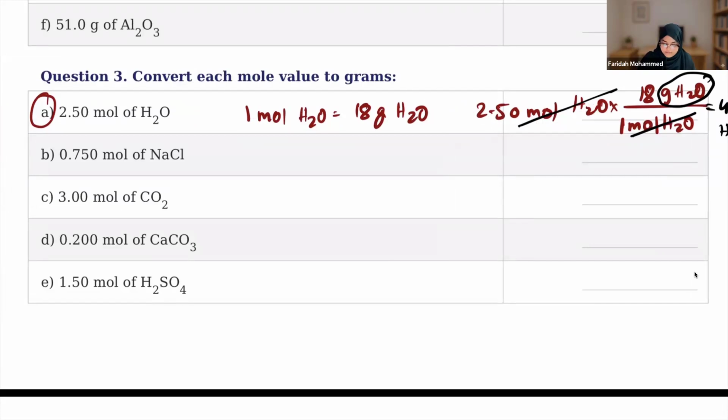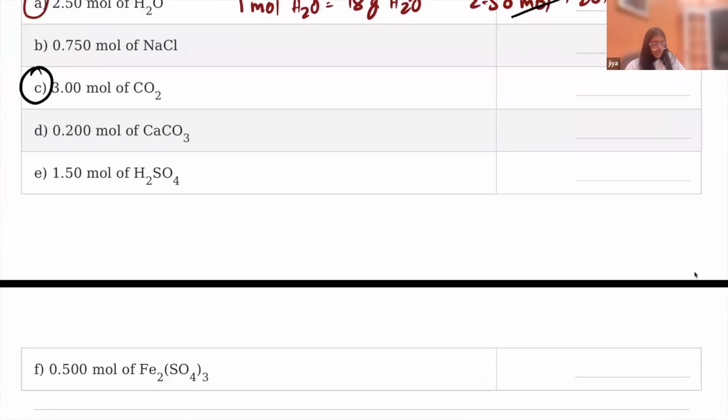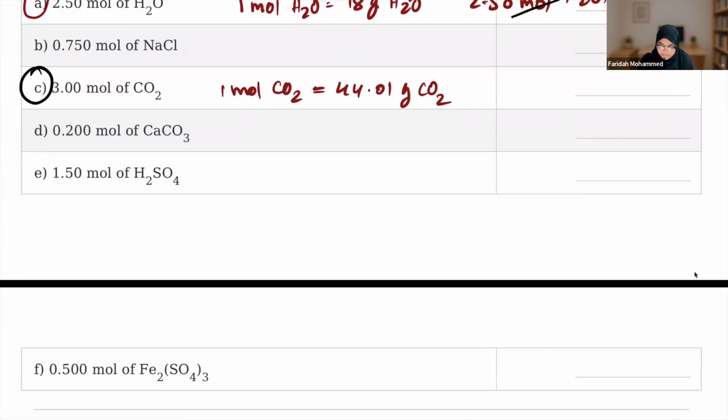Gia, let's do C. So you do 1 mole of CO2 is equal to 44.01 grams of CO2. Then you make it into the equation: 3.00 moles of CO2, make it a fraction.